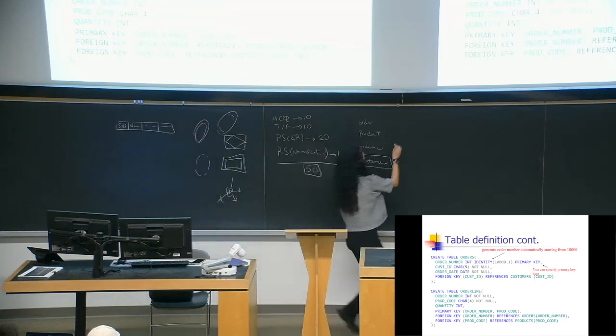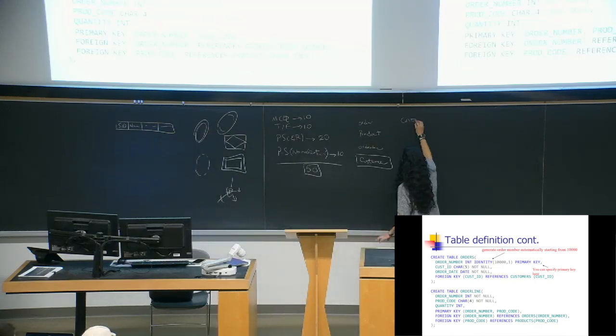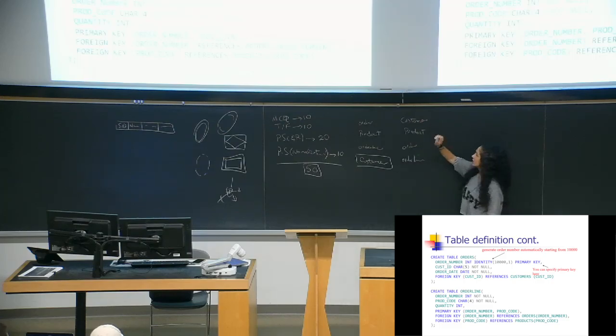So the correct orders are, for example, customer, product, order, order line. Now, this is one correct way because customer doesn't have any foreign key, so you can create it anytime. Product doesn't have any foreign key, so no problem here. Order has one foreign key referencing the customer, but because we created customer, we're fine.